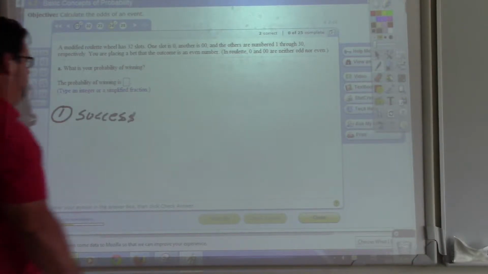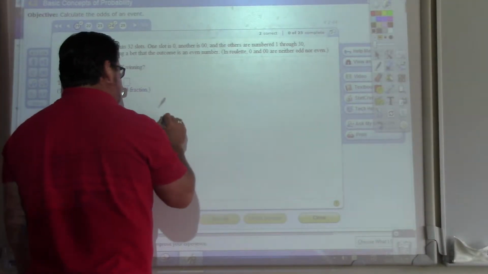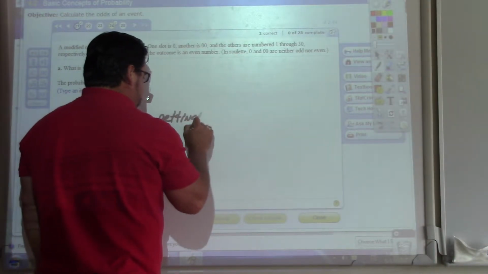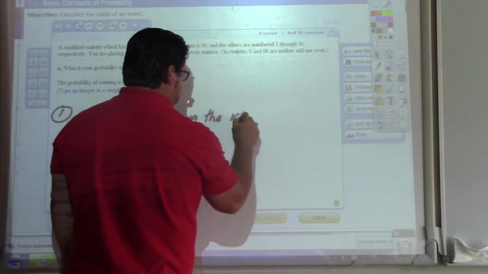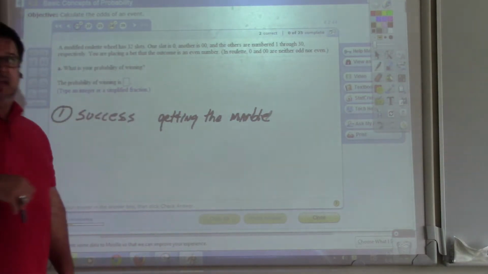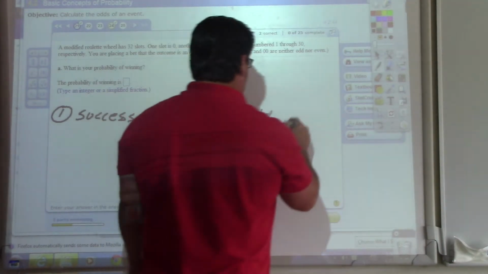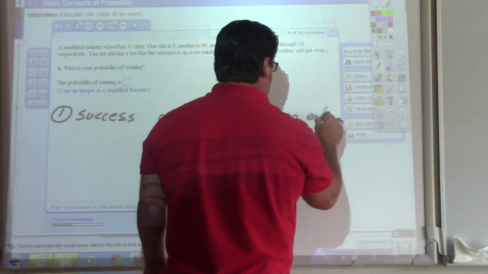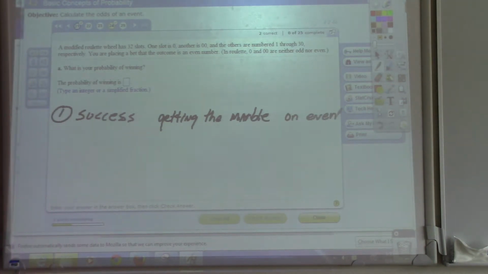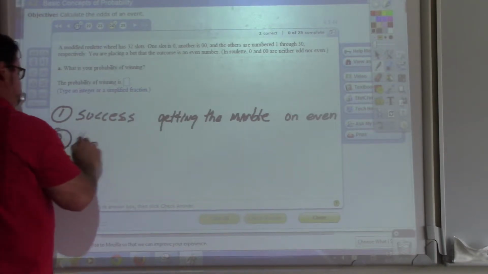So success in this would be getting the marble, I call it a marble, but it probably has some kind of fancy name, on an even number. That would be success. Now, what is the complement to success? Failure.